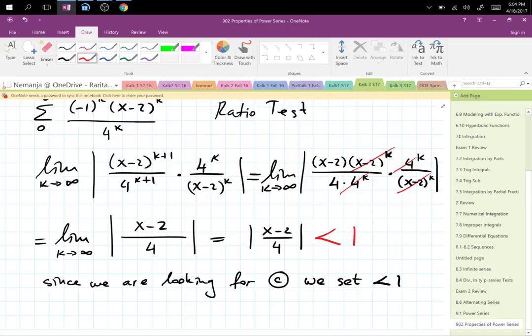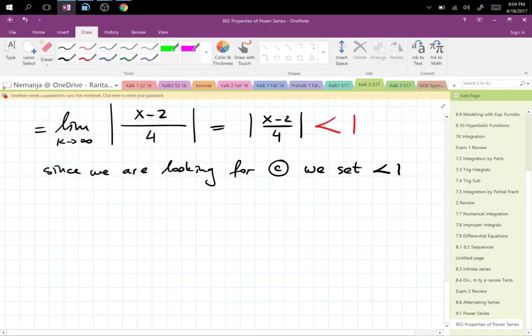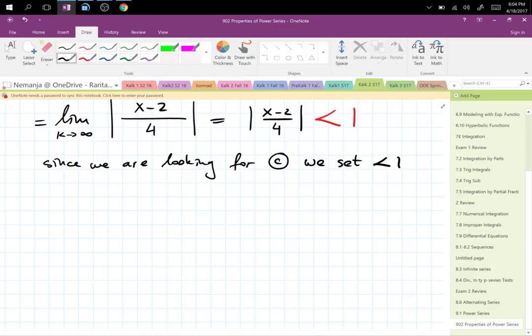So you will set that less than 1, and now you have this inequality to solve, which is absolute value x minus 2 over 4 less than 1. Remember that don't put less than or equal to 1 because for equal the test is inconclusive, right? So don't do that. It's just less than 1. Now, if you know any algebra, you will immediately understand this way.